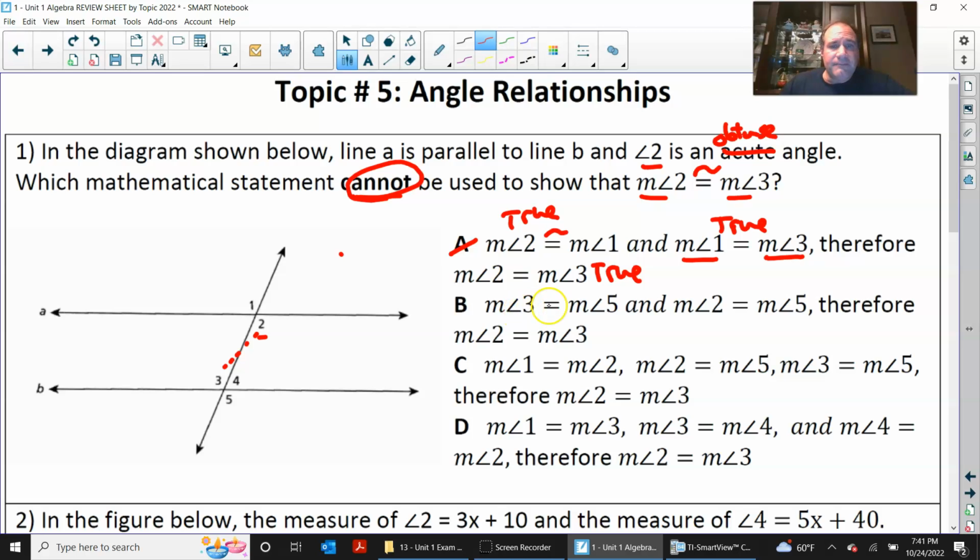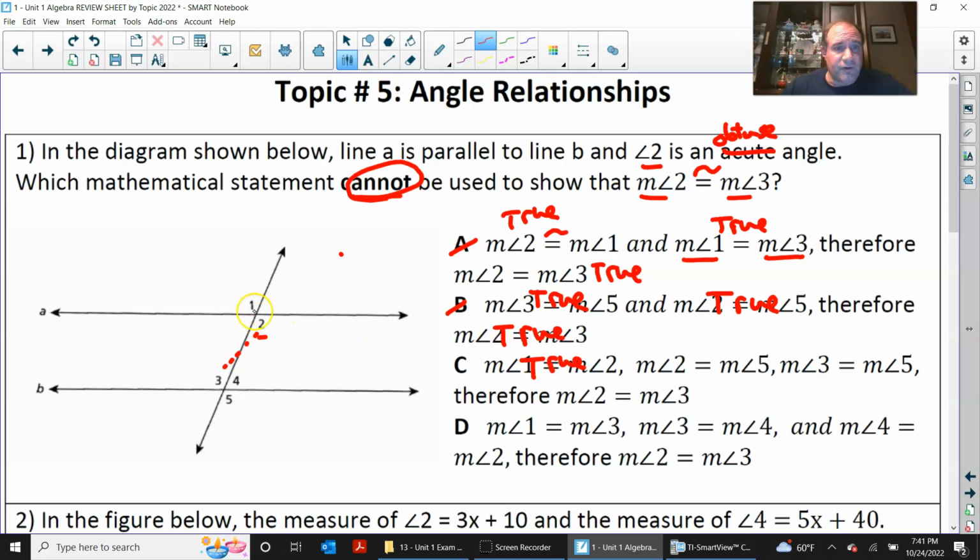Measure of angle 3 is congruent to measure of angle 5. Those are vertical angles. This is true. Measure of angle 2 is congruent to measure of angle 5. These are corresponding angles. That's true. So therefore, measure of angle 2 is equal to the measure of angle 3. We know that's true. Measure of angle 1 and the measure of angle 2 are vertical angles.